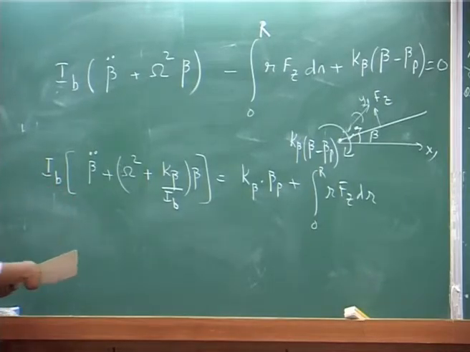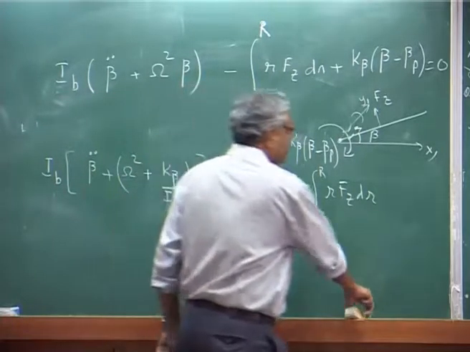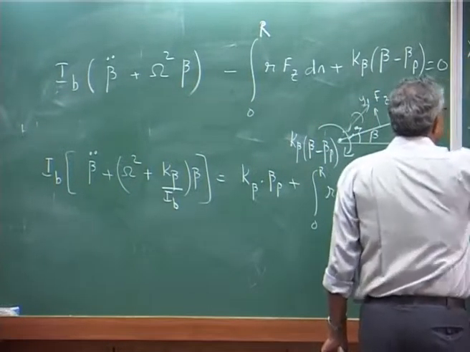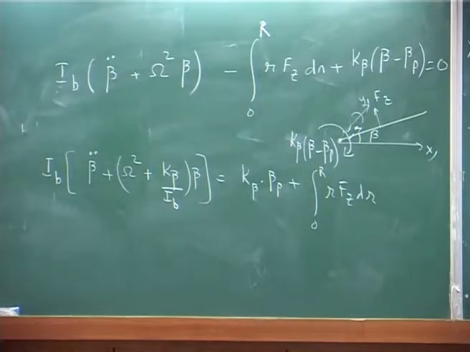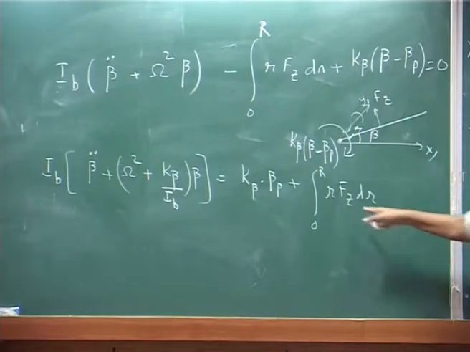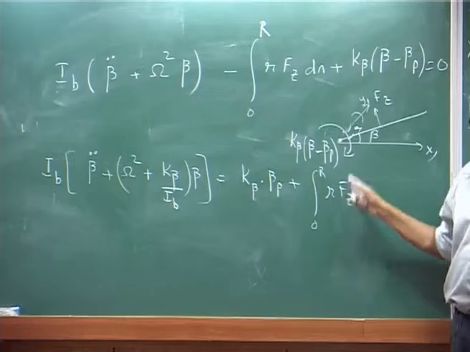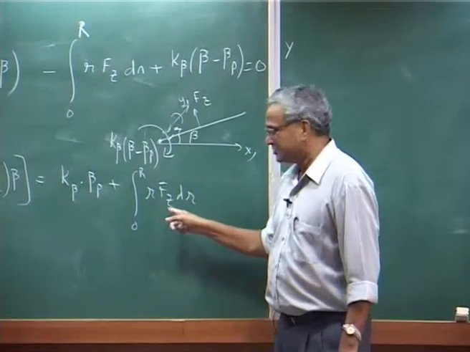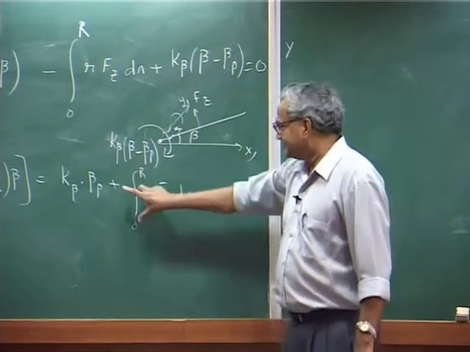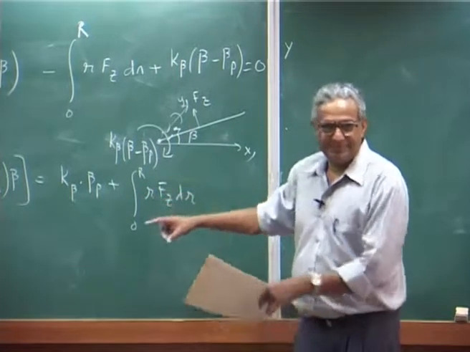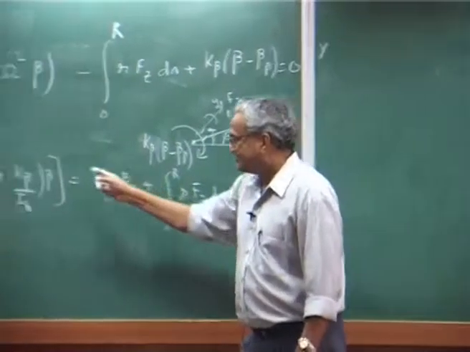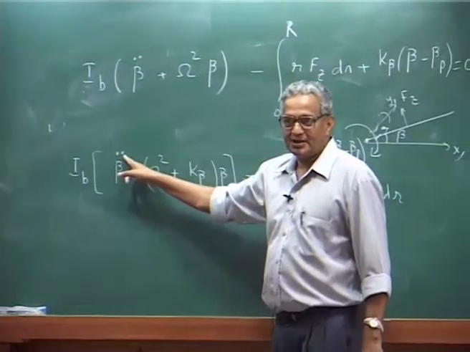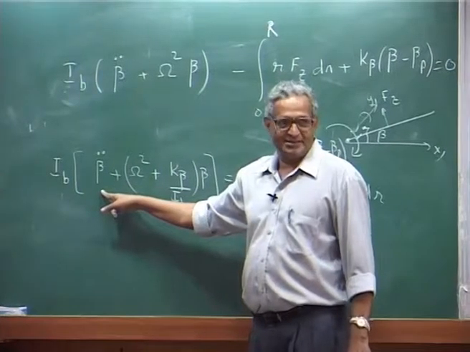So, I non-dimensionalize now the entire equation and write it, because this part is straightforward. Only thing is you have to substitute for F_z, which we know earlier, that is the lift force, lift per unit span, put that value and expand all the terms, multiply and then divide by this dot, convert it into non-dimensional time derivative.